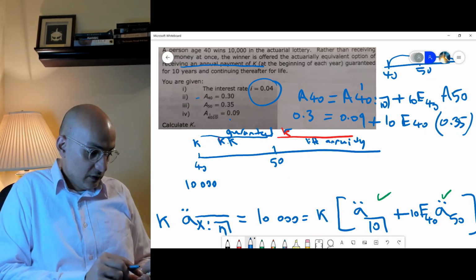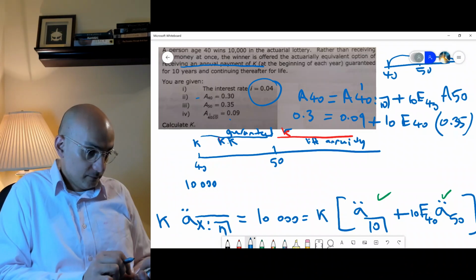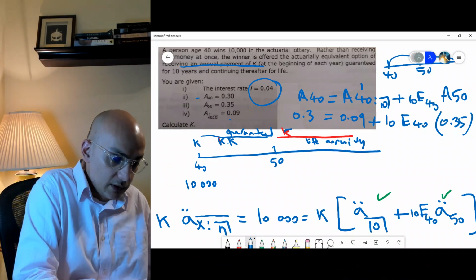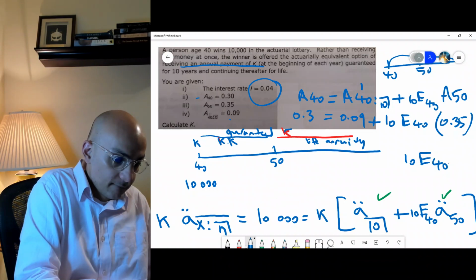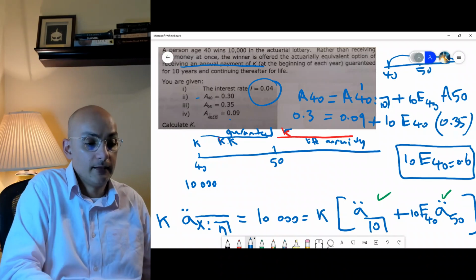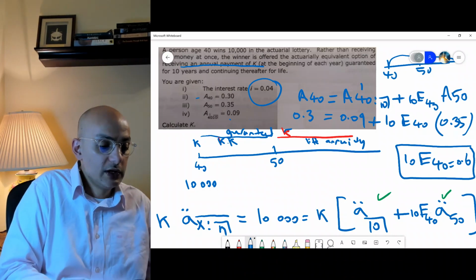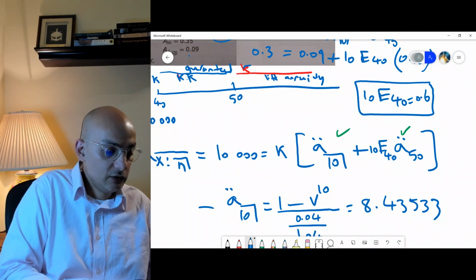Then 0.3 minus 0.09 divided by 0.35. Then this one, if you solve it, we get all the pieces here. Now all you need to do is plug in.